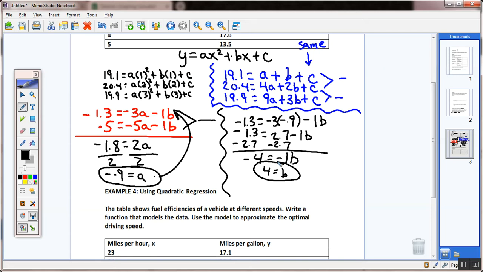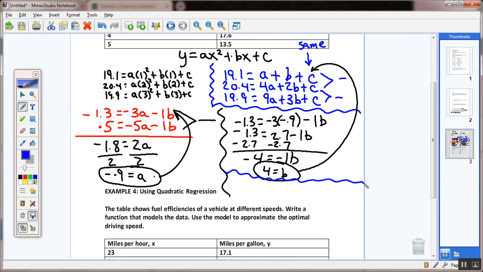C. So I've gotten here, so I'm going to go back up into one of these equations up here. Maybe this top one right here. I had 19.1 equals A plus B plus C. But we know two values now, kids. B and A. So I could plug in B and A and solve for what now? Okay, so help me out here.